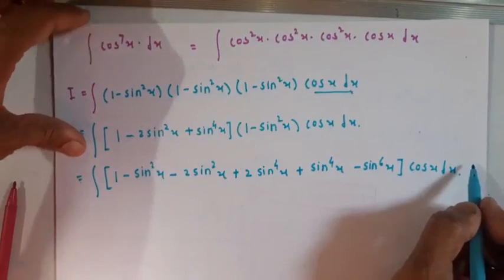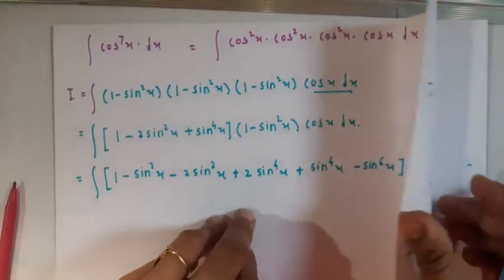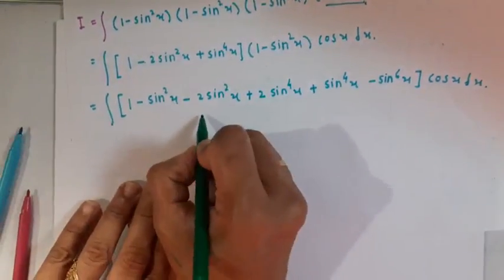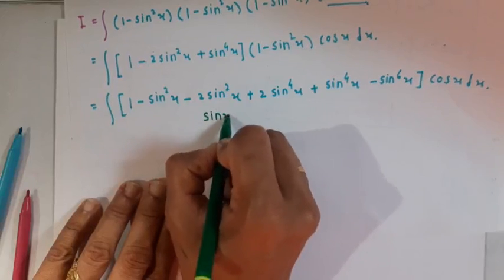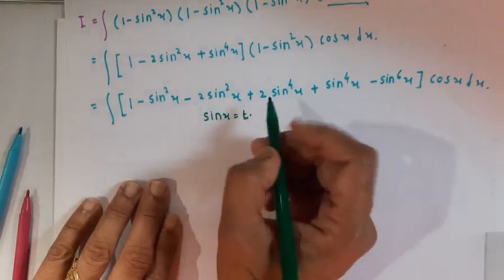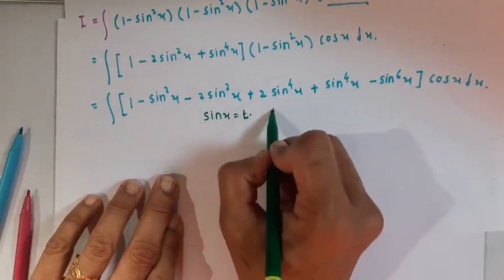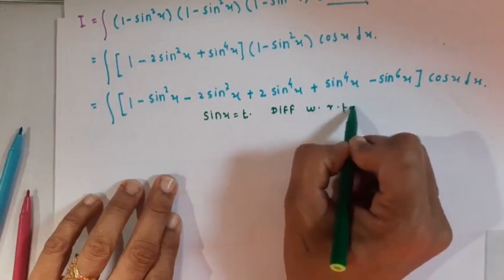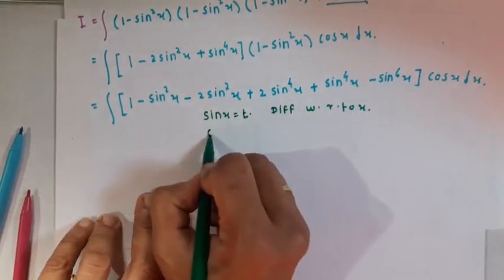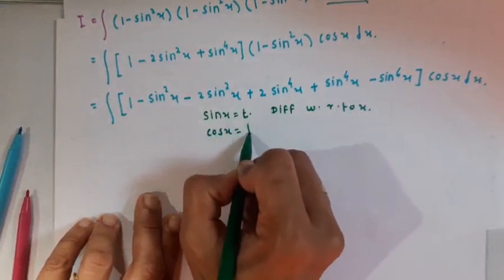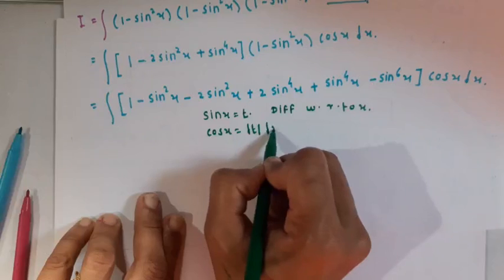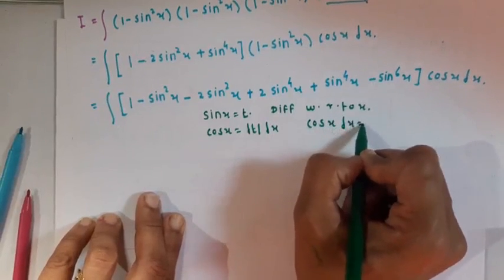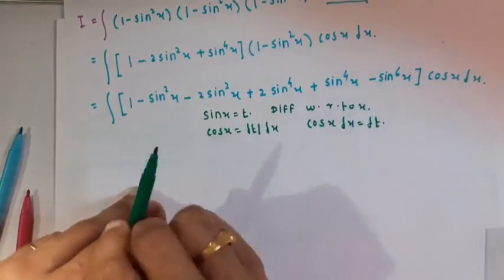Okay students, so here now substitute sin x equal to t. Differentiating this substitution with respect to x, we get cos x equal to dt by dx, and hence cos x dx equal to dt.